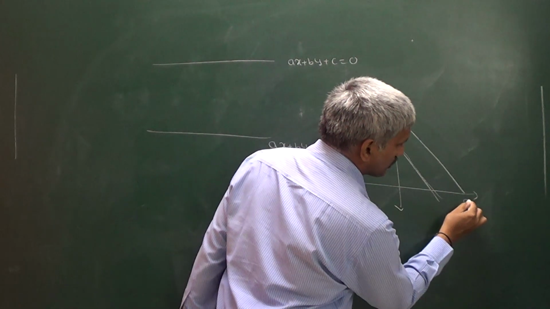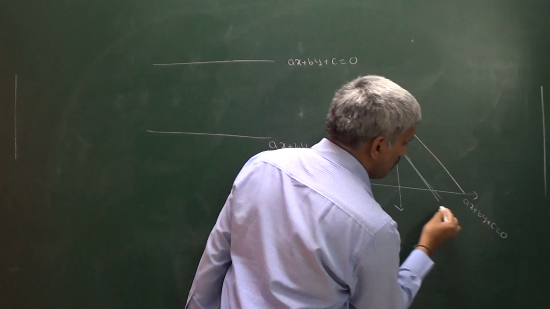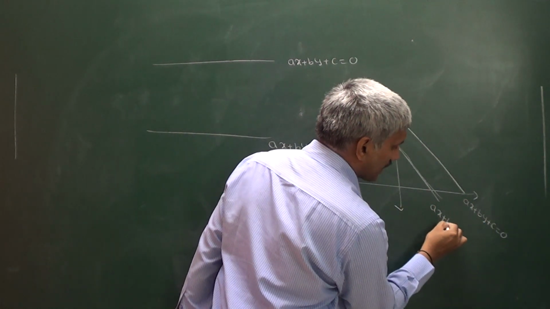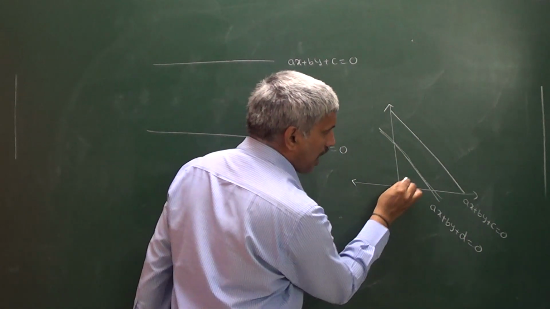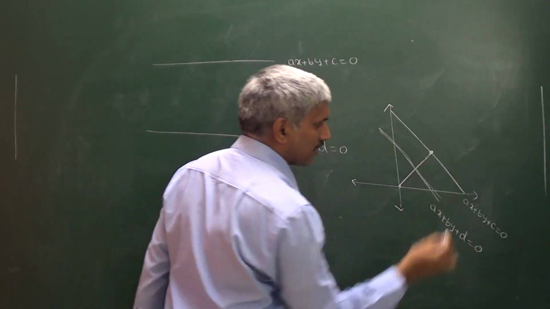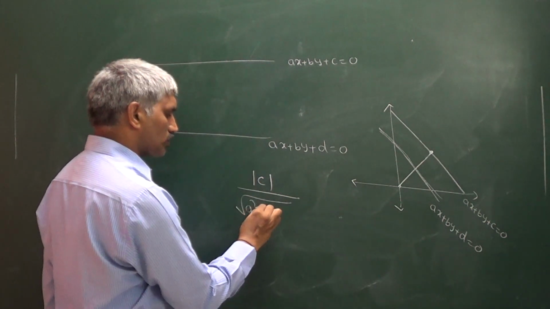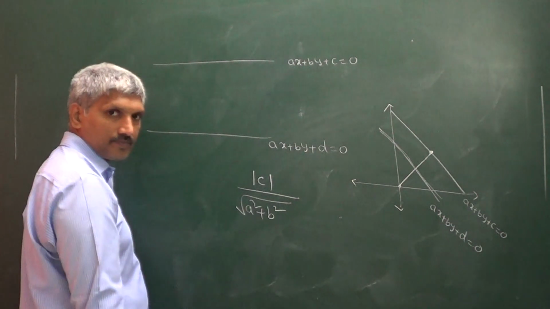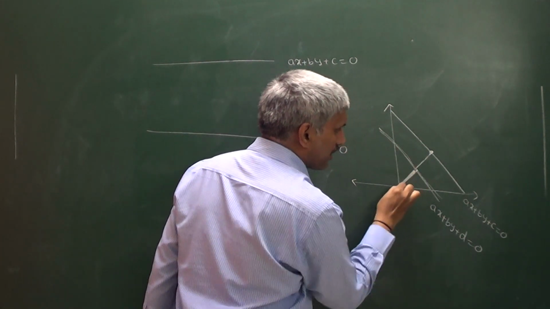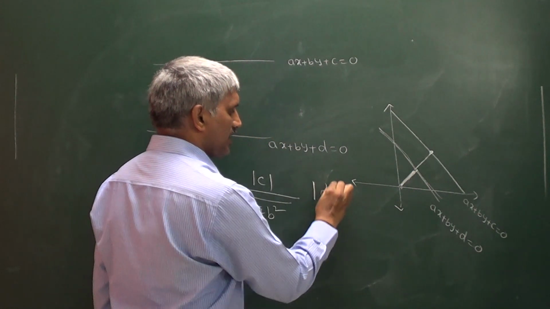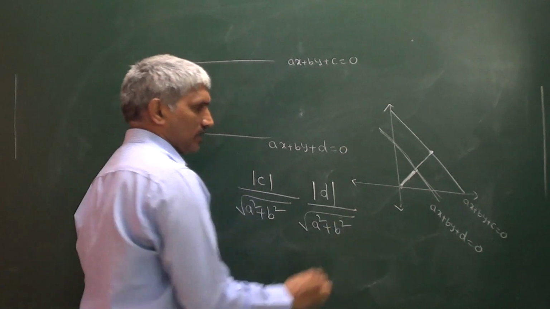Now this line equation is ax plus by plus c is equal to 0, and this line equation is ax plus by plus d is equal to 0. From origin onto this line, what is the perpendicular distance? Mod c divided by root over a square plus b square. From origin onto this line, what is the perpendicular distance? Mod d divided by root over a square plus b square.